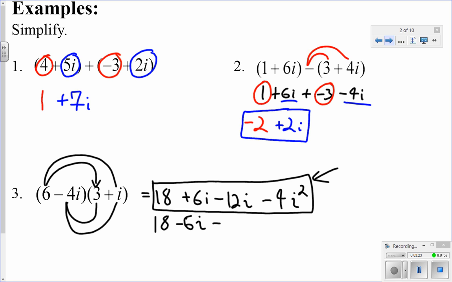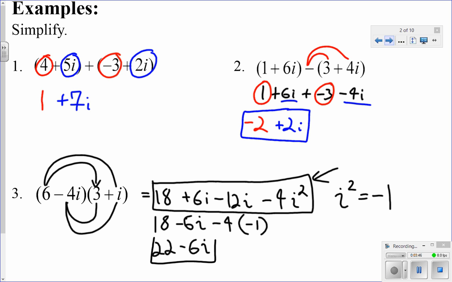And then I have -4i squared, and now I remember that i squared is equal to -1. So I do that substitution there. So -4 times a -1 is a +4. Collect my like terms over here, and I get 18 plus 4 is 22 minus 6i. Now that is complex form, and I have multiplied my complex numbers.